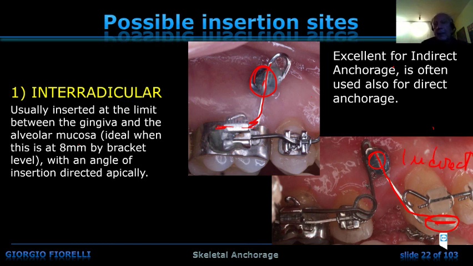So I'm applying the force directly to the TAD. I'm applying this kind of force because this cantilever is like this. And so I'm applying a force to move this molar to the distal. Is this okay? Well, it's not okay. We probably need something different, because this force alone would create a rotation of the posterior teeth.